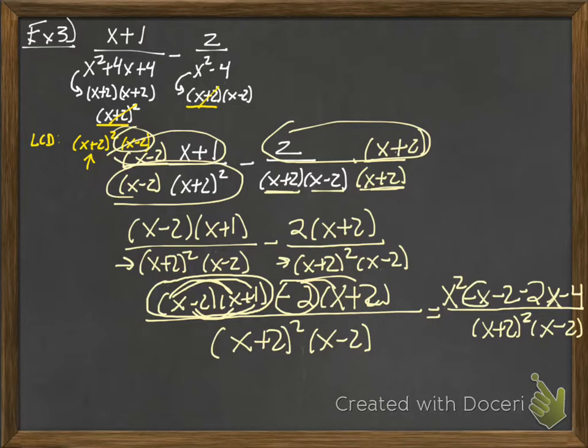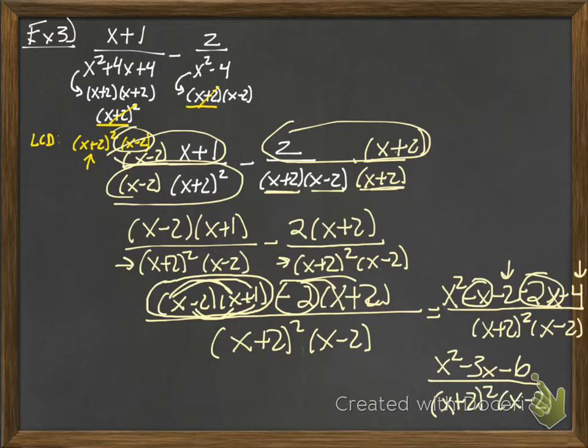In the numerator, I have a negative x minus a 2x. That's going to be an x squared minus 3x if you combine those. And then the negative 2 minus 4 can be combined to get minus 6. So I have that numerator all over the common denominator, x plus 2 squared times an x minus 2.